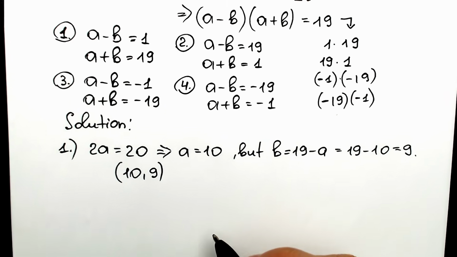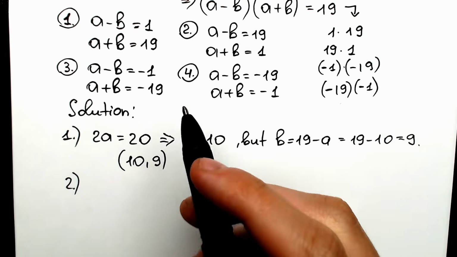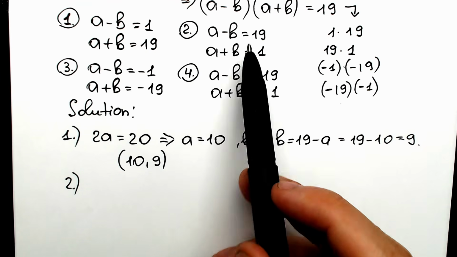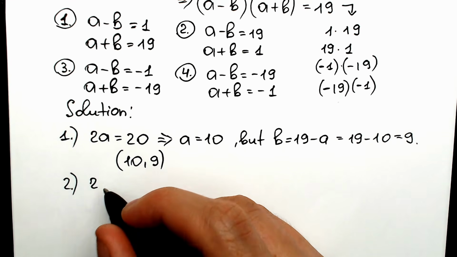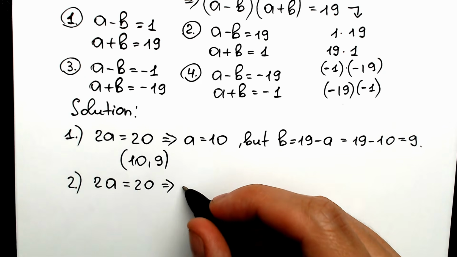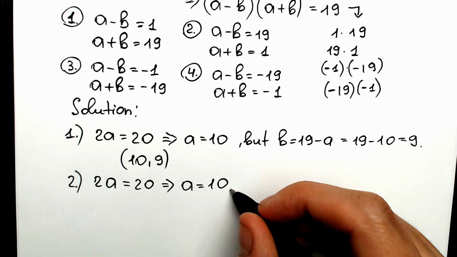Let's go to the next part. We're going to solve our second system of equations. The same logic, we add, and 2a equal to 20, and from here our a is equal to 10, but b will be completely different.